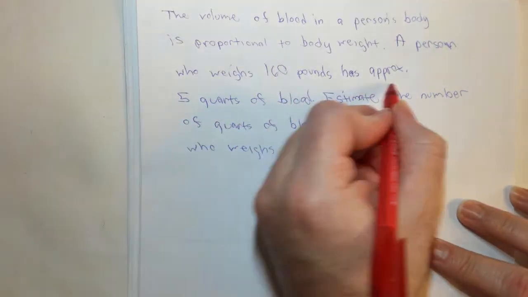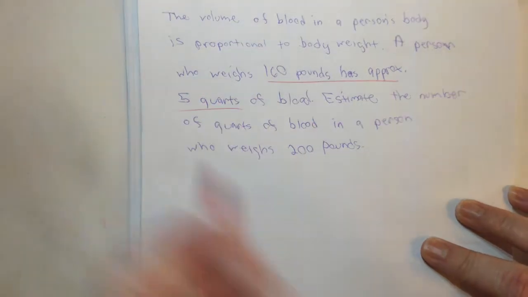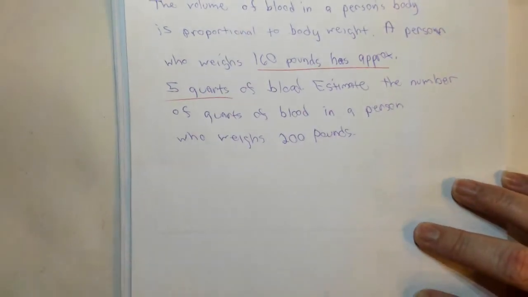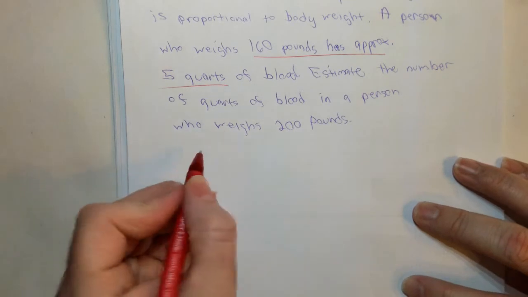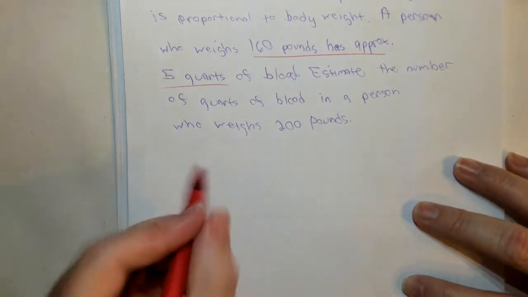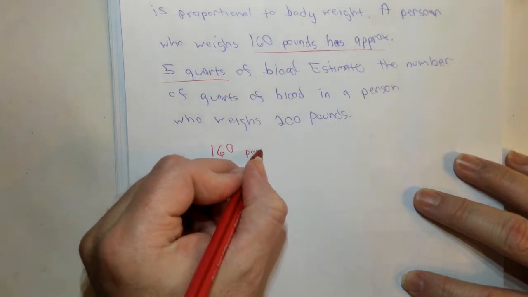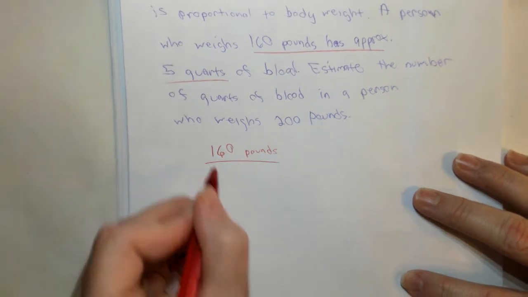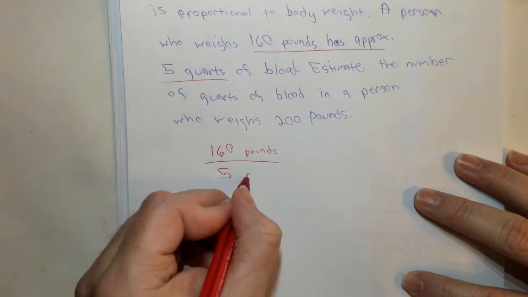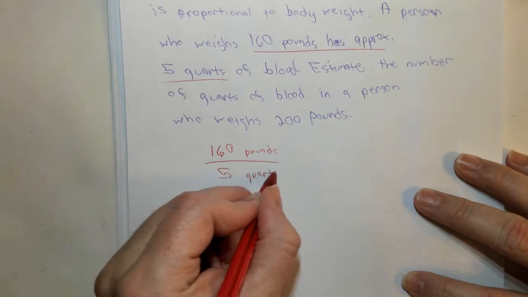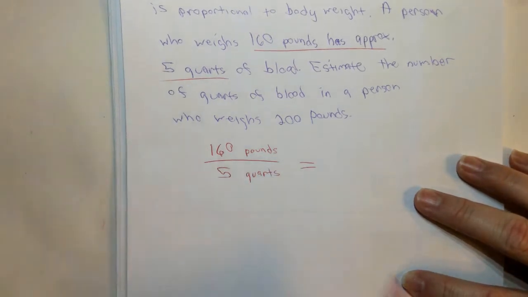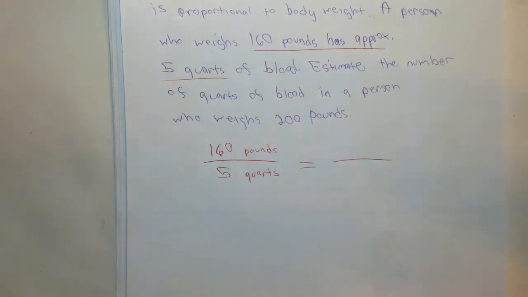So, a person who weighs 160 pounds has 5 quarts of blood. So, that's my first ratio, 160 pounds over 5 quarts equals, okay, that's going to be equal to another fraction.